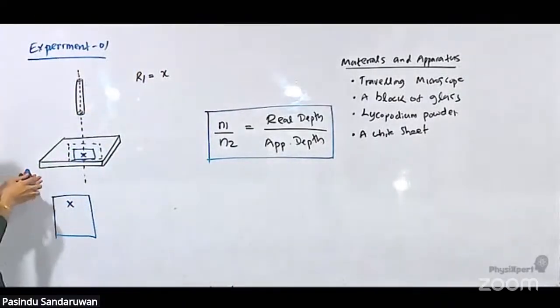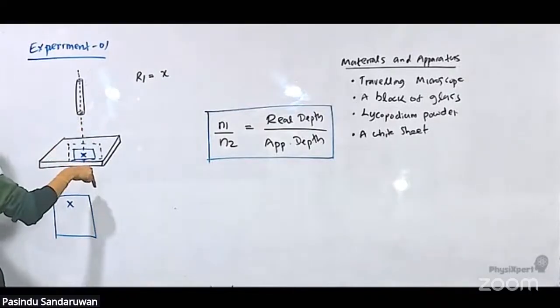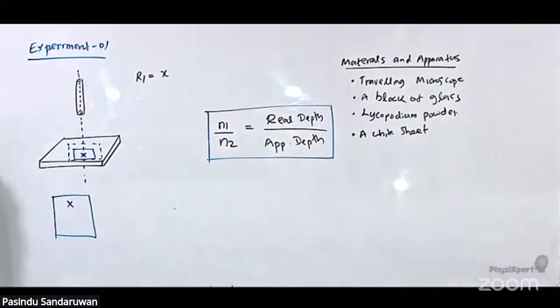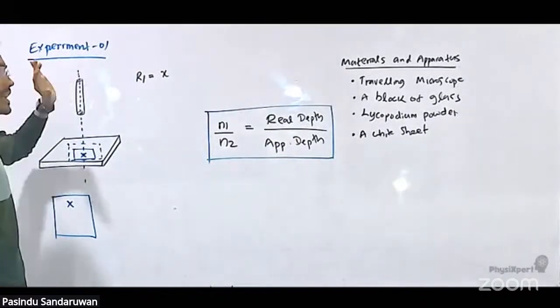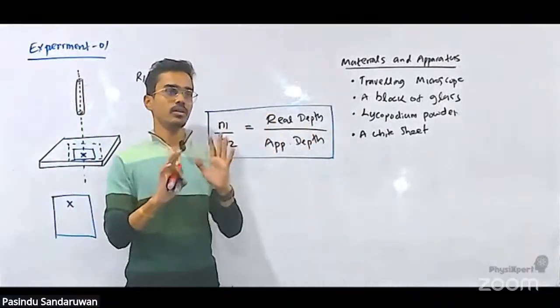If you observe the cross again through the glass, what you see is the displaced image of the cross. We need to adjust the microscope upwards, again using only vertical movements.